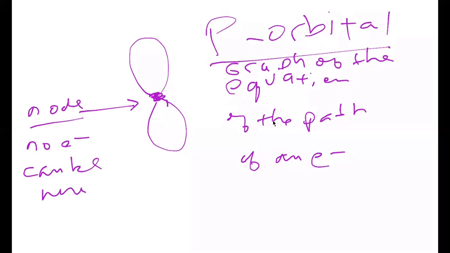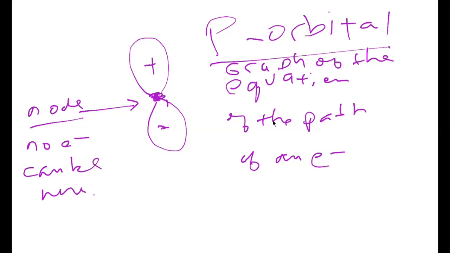But electrons can be in the top part of the lobe or the bottom part, and since it's an equation, the lobes have a sign, right? So they can be positive or negative. So we're going to say that this part is positive and this part is negative.